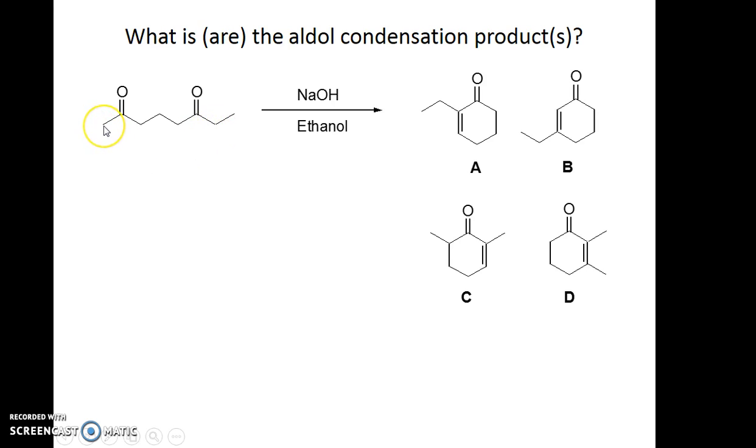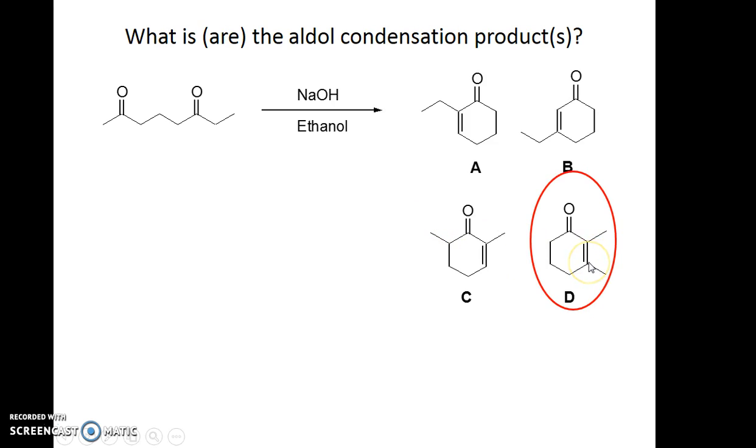The only 2 that can cause an aldol condensation would be this being the nucleophile with that carbonyl, or this being the nucleophile with that carbonyl. If I do a nucleophilic attack here, I would end up getting an ene with a methyl here and a methyl here on either side of the double bond.